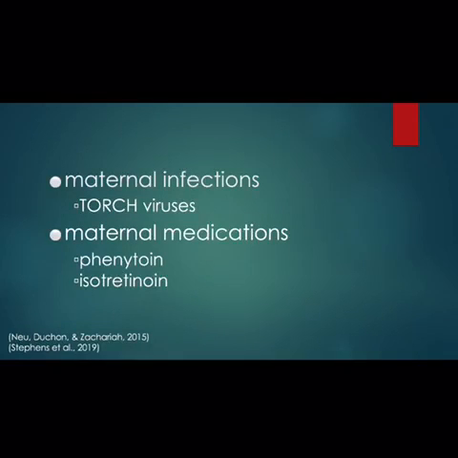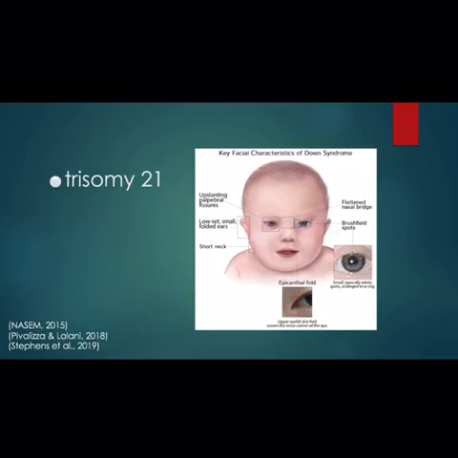Maternal infections, which include the TORCH viruses of toxoplasmosis, other viruses such as parvovirus B19, syphilis, and varicella zoster, rubella, cytomegalovirus, and herpes simplex virus. Maternal medications such as phenytoin, which is an anticonvulsant, and isotretinoin, which is a retinoid. Trisomy 21, also known as Down syndrome.